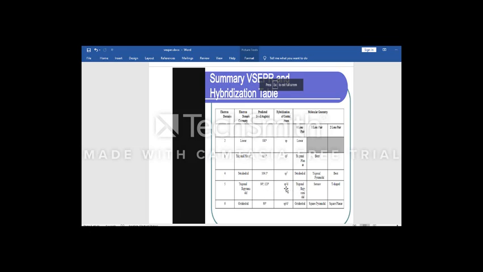The kind of hybridization is sp3d. When we can't find a lone pair, we describe it as trigonal bipyramidal. When we find one lone pair, we call it seesaw. When we find two lone pairs, it is T-shaped.